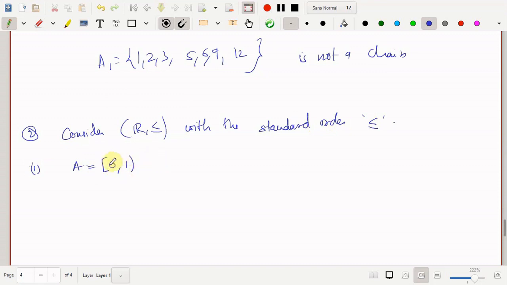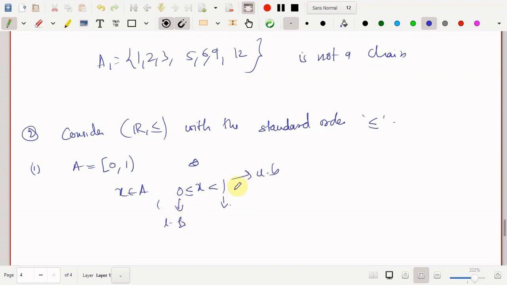Now you can see that by the definition of this set, every element x belonging to A lies between 0 and 1. 1 is an upper bound and 0 is a lower bound.